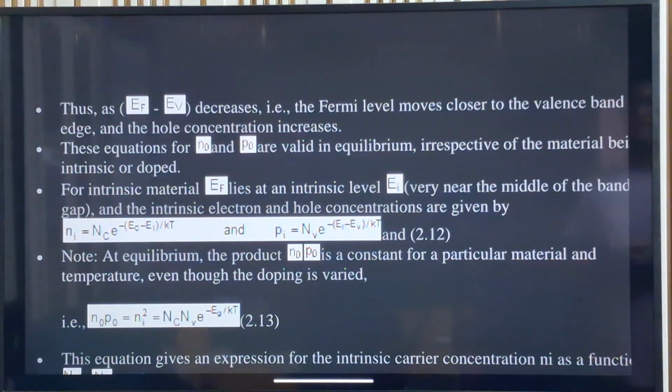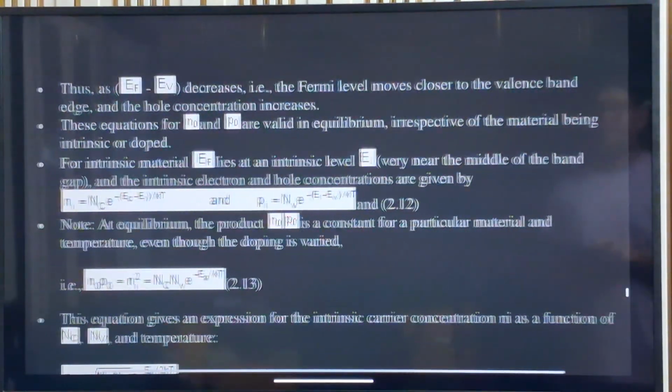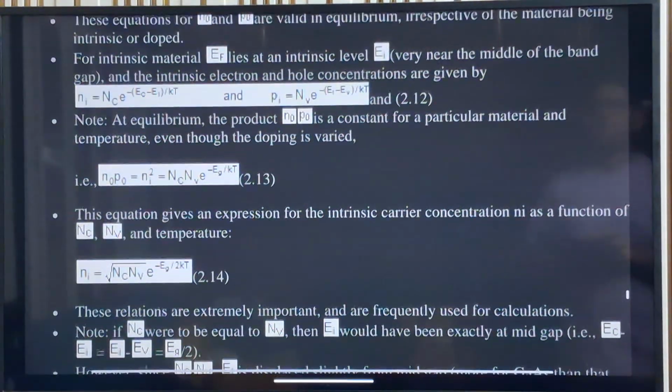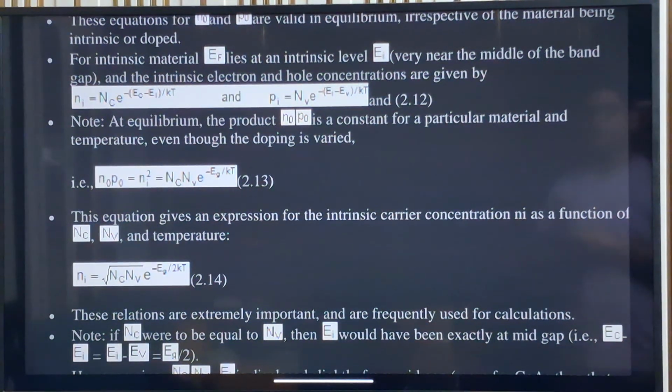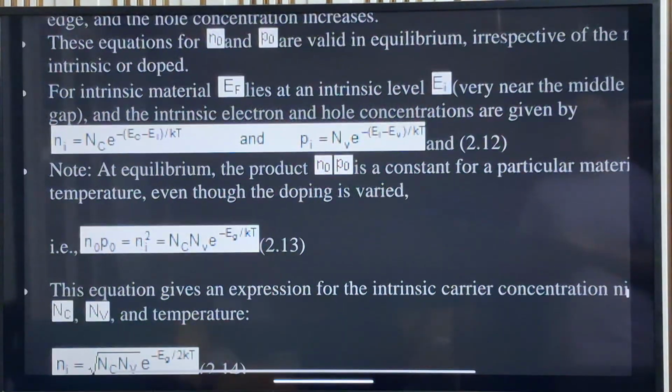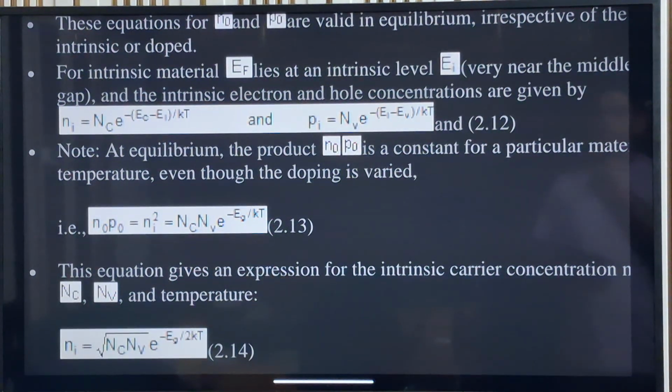Now for intrinsic material, Ef lies at the intrinsic level Ei, very near the middle of the band, and the intrinsic electron and hole concentrations are given by this. So the same formulas, right? The first time we get Ec minus Ei by kT.